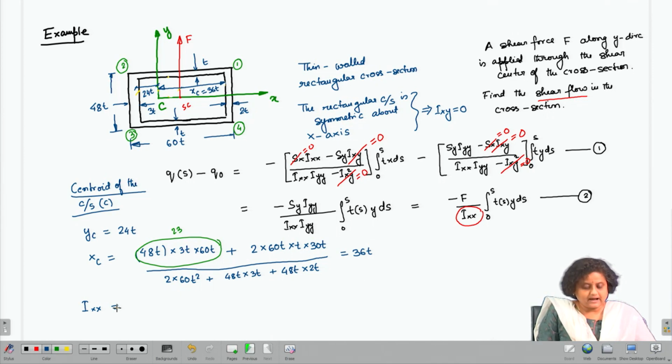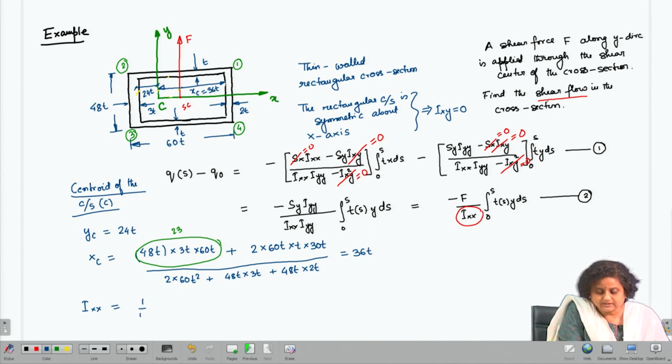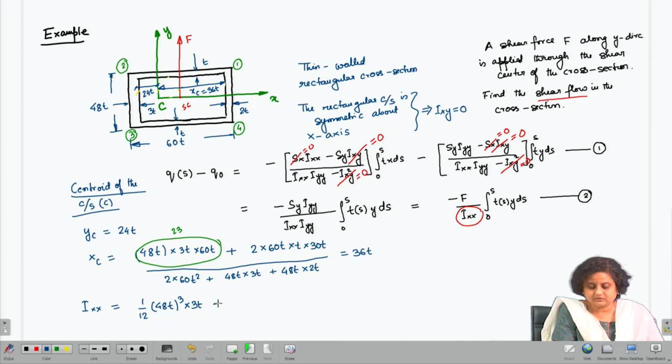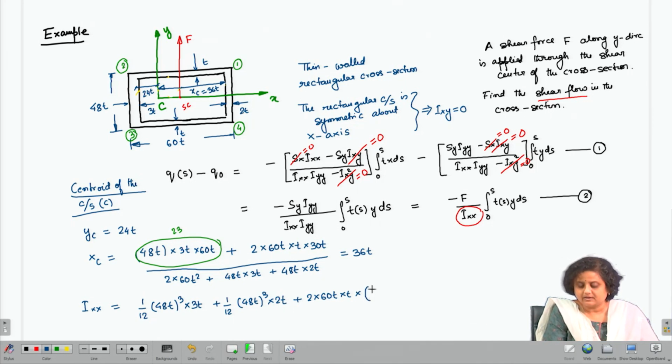So, if I find out the IXX, it is going to be 1/12 into 48 t whole cube into 3 t, plus 1/12, plus, so this is going to be 30 t minus 36 t, sorry.